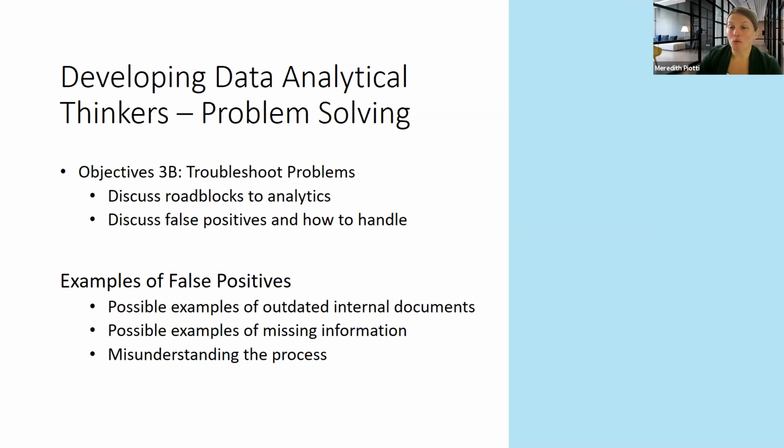Or 1 week of data wasn't added to it. So if you didn't do the validation check on the data to start with, you may not have identified that you're missing information. Or you could just totally misunderstand the process. You could think that invoices under a certain amount don't need to be approved, but they do, or vice versa.